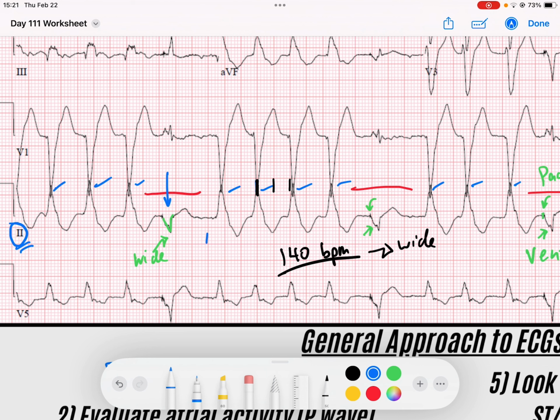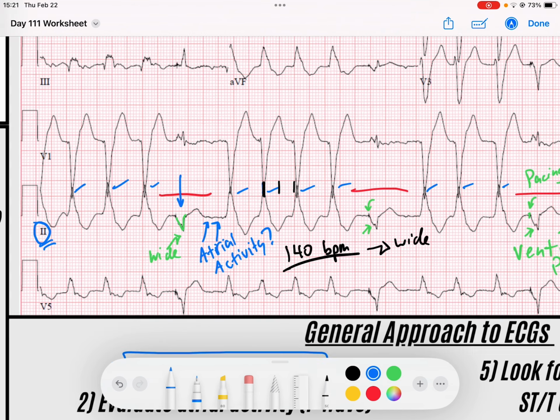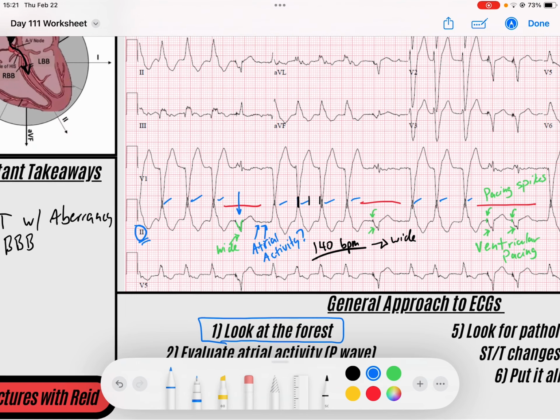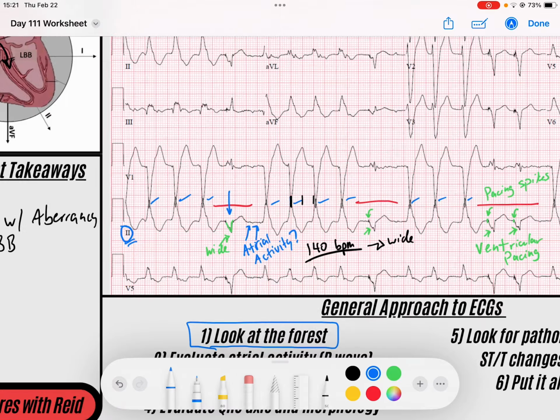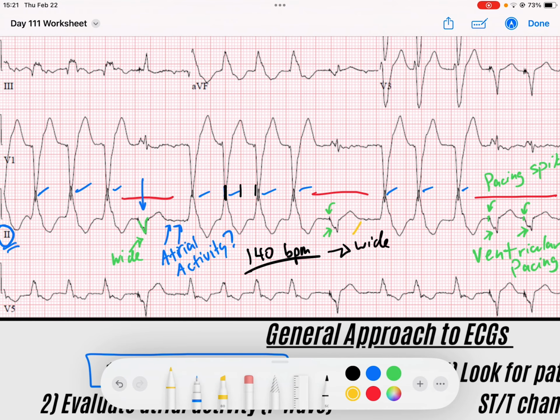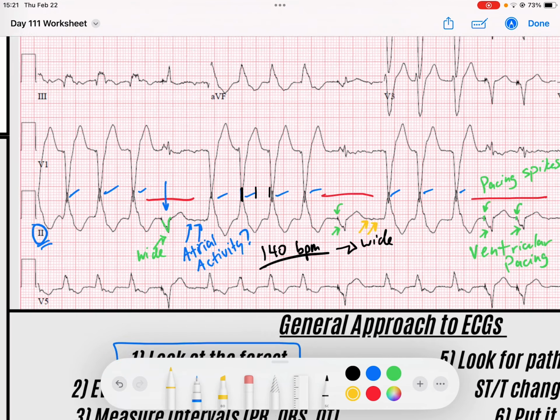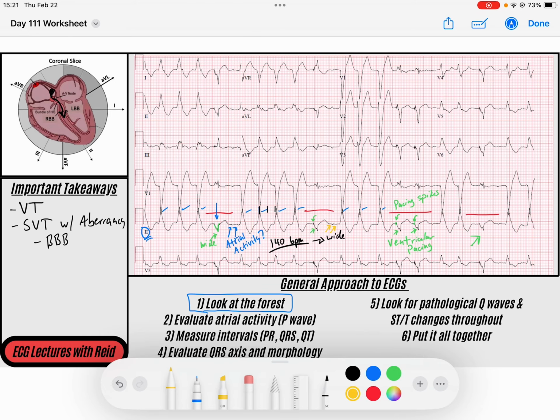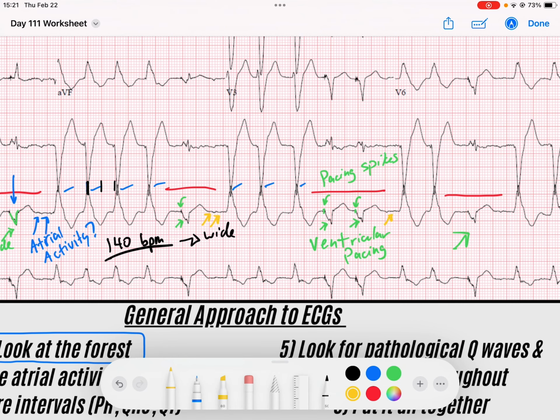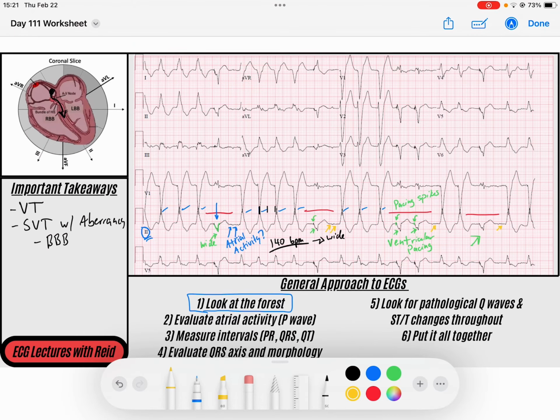What happened before it? Do I see atrial activity before, right? Because we should see some form of atrial activity if that's the case, and I don't see any. I can look here. I don't see any P waves that kicked this off. Same thing here. I don't see any particular atrial activity that kicked it off.